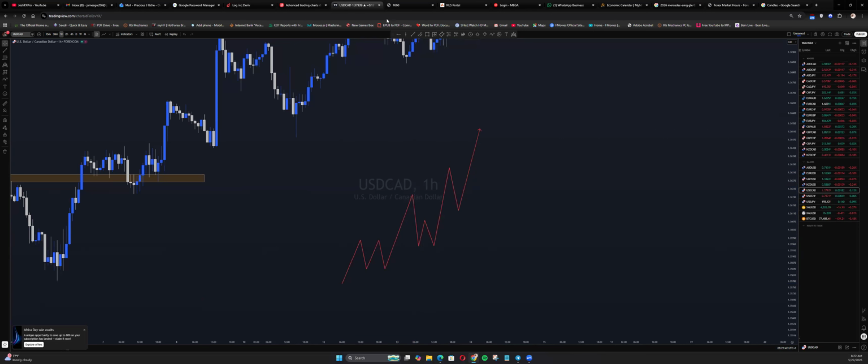First thing, if you notice, this area is a zone. You'd agree with me, this area is a zone. And now we have our swings, our swing highs and swing lows. We have our swing here. I didn't put it here.